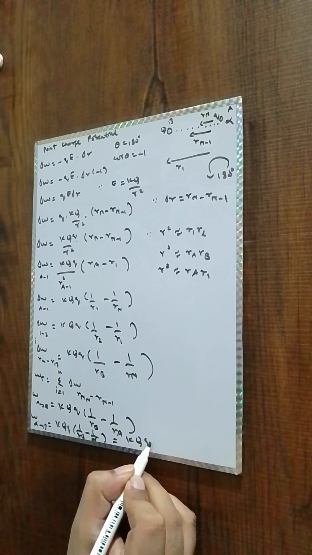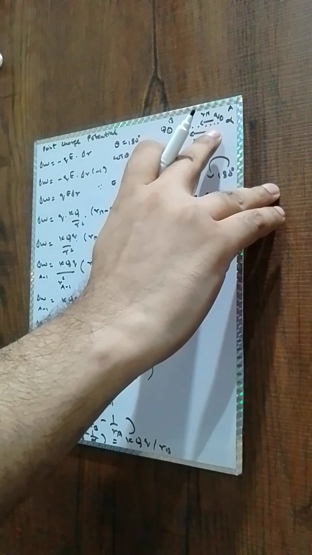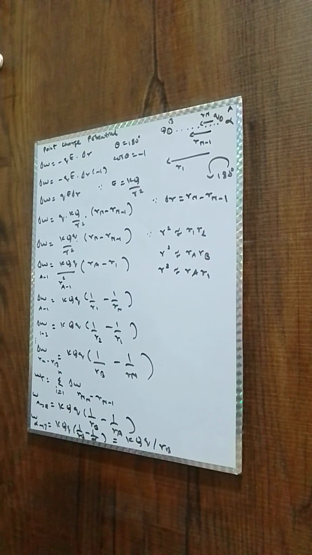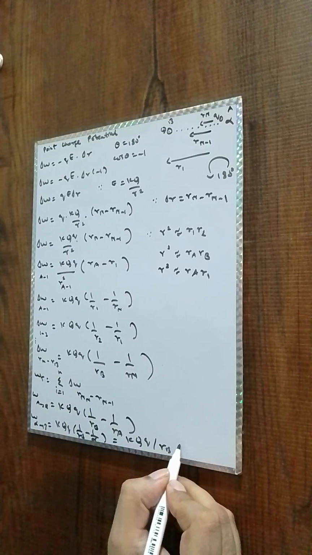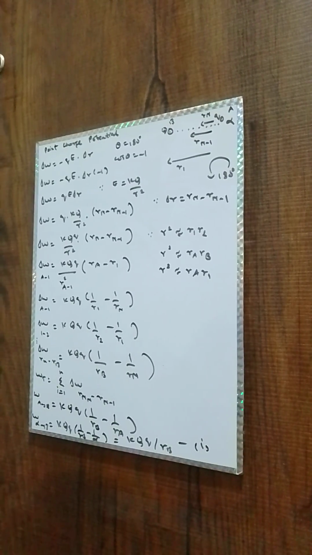So this is equal to k q by rb, the distance from the small charge to the big charge, and this is approximate. And this becomes an equation for us, or let's say this becomes a form to be used for estimations.